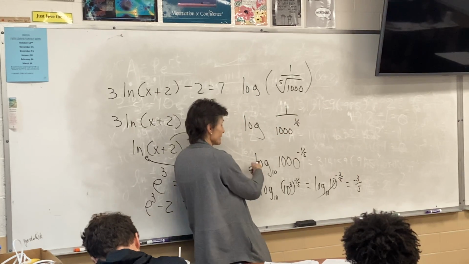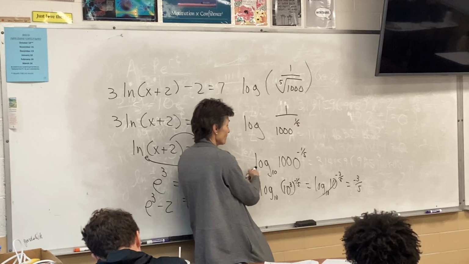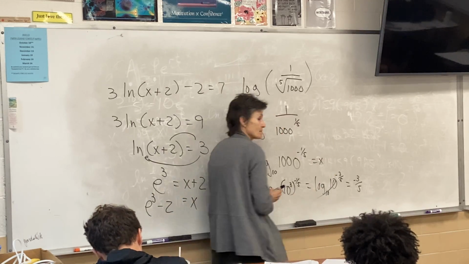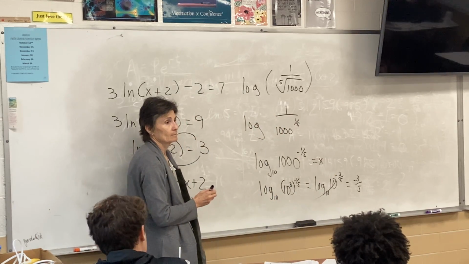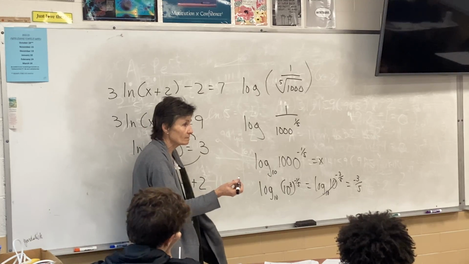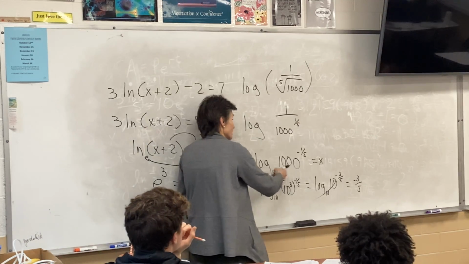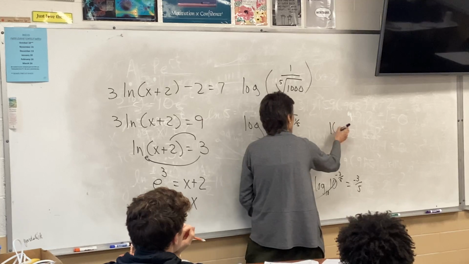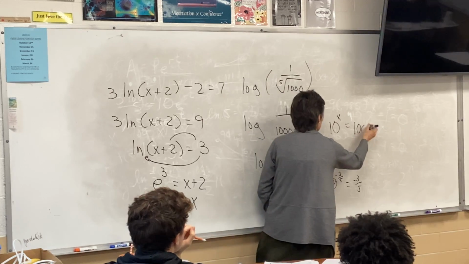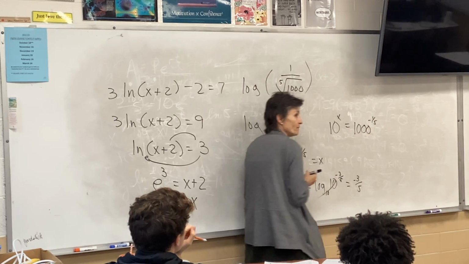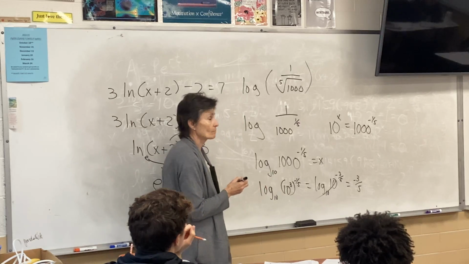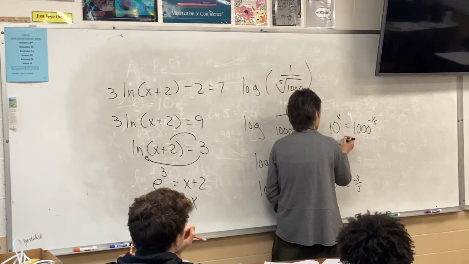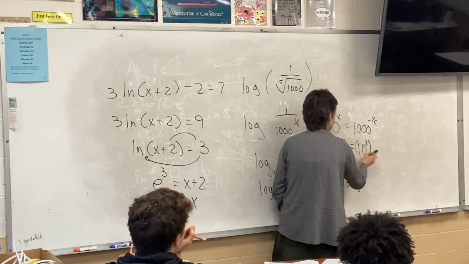Another way to do it is to come back to where we were right here, and set it equal to x. Trying to figure out what it is, equals x. And then log roll it and say 10 to the x equals 1,000 to the negative 1/5. And then 10 to the x equals 10 cubed to the negative 1/5.